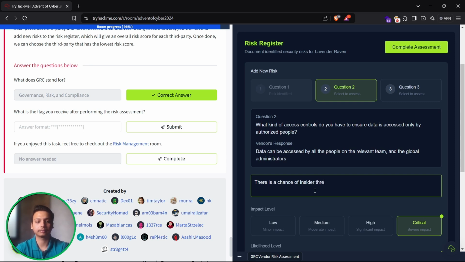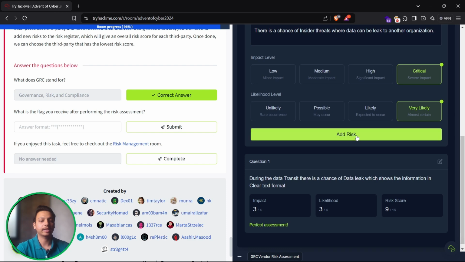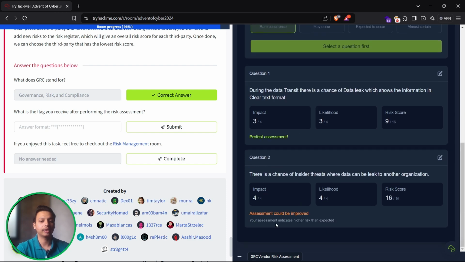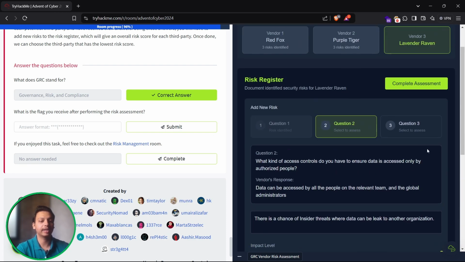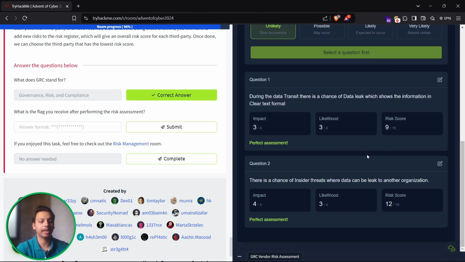There is a chance of insider threats where data can be leaked to another organization. Okay, so let's just add the risk. Your assessment indicates higher risk than expected, so let me just keep it likely.